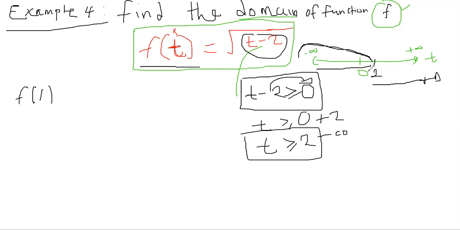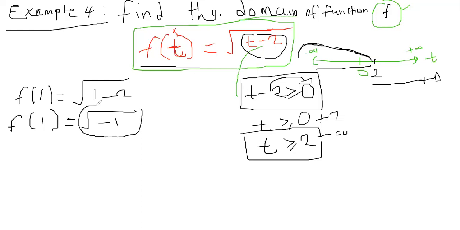Let's just take 1 and substitute. Wherever we see t, we put 1 there. Then 1 minus 2. So f of 1 equals the square root of 1 minus 2, which gives us negative 1. If you take your calculator to solve this, you will have a math error. So the only way to avoid having a negative here is to start t with 2.